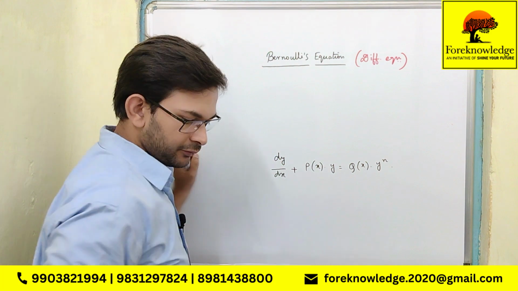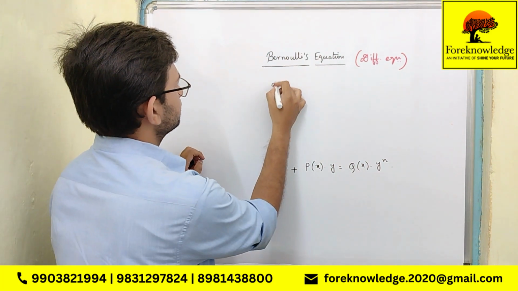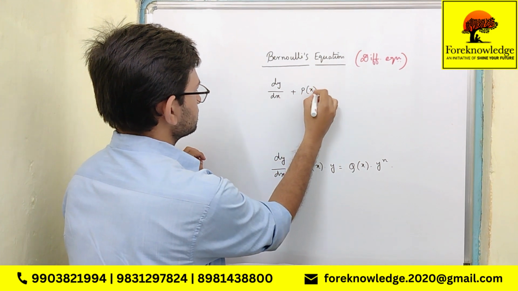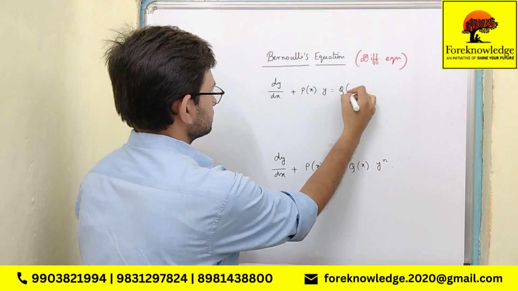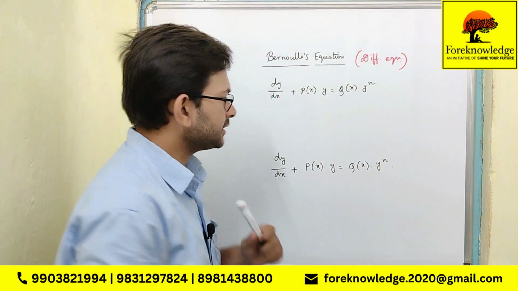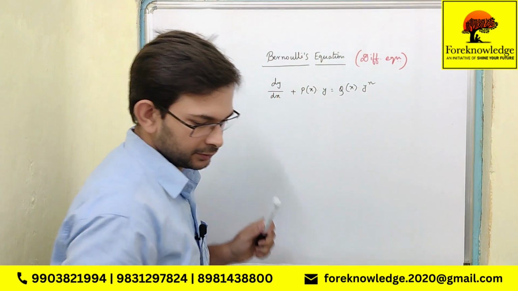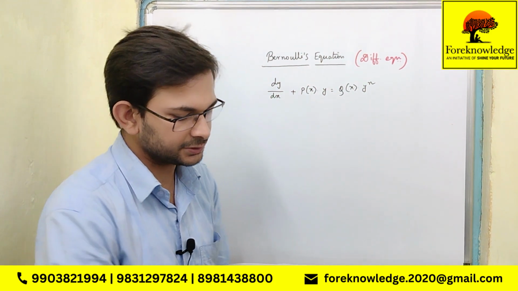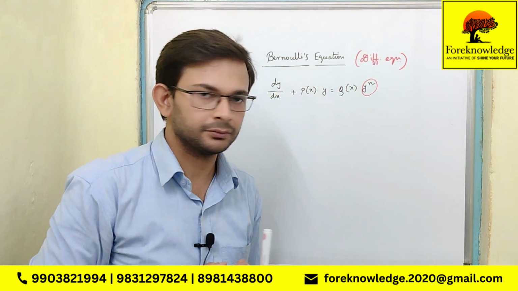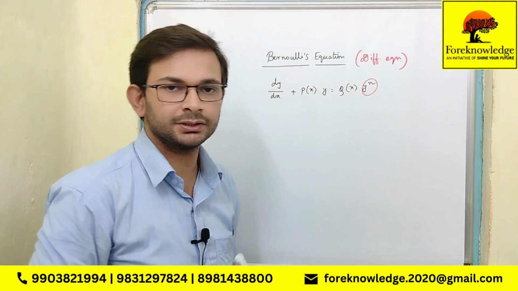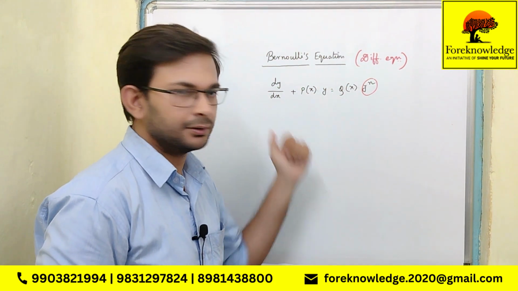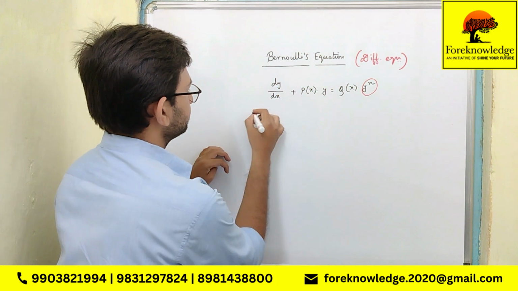So this is the equation I am writing down here. Now, which term is creating the problem? The problem creating term is this one. So just divide the entire equation by y to the power n.